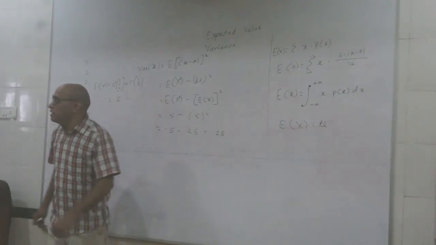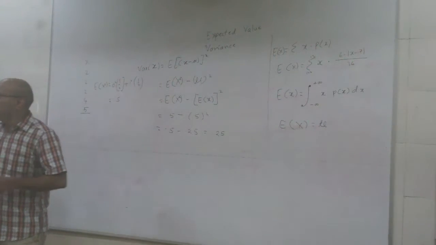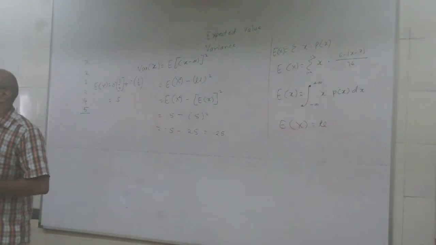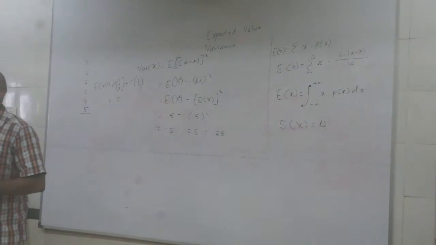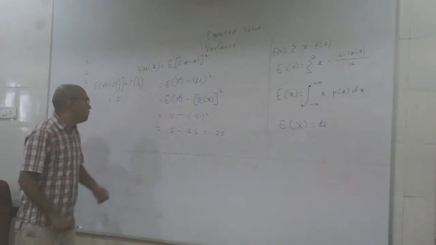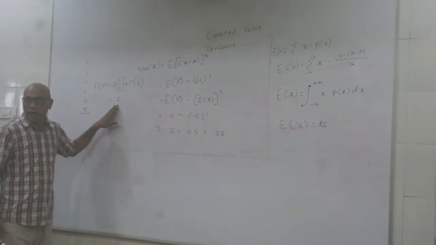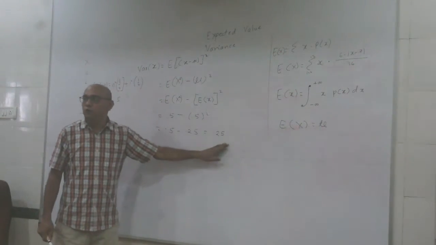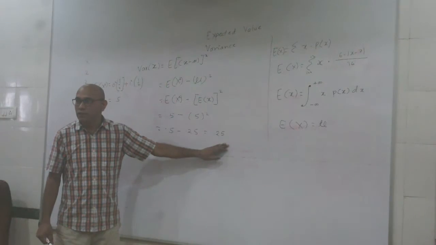So the random variable, which results into two possible outcomes, success and failure, each of which is equally likely, will have a mean of 0.5 and a variance of 0.25, right?